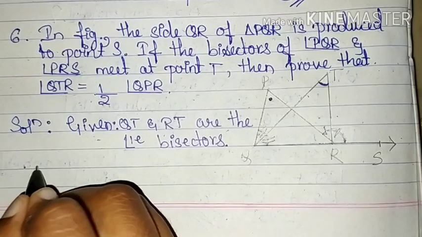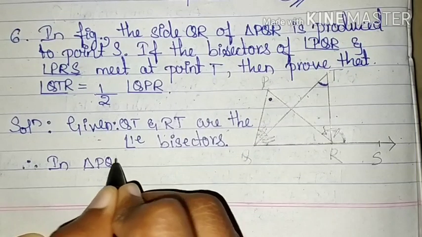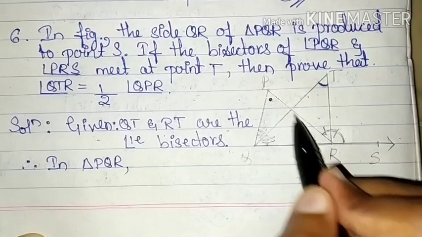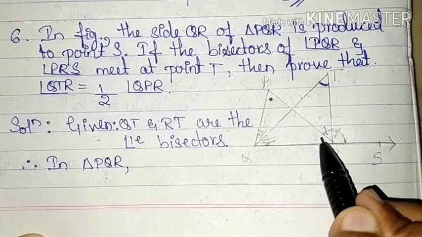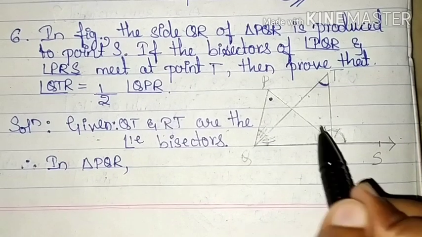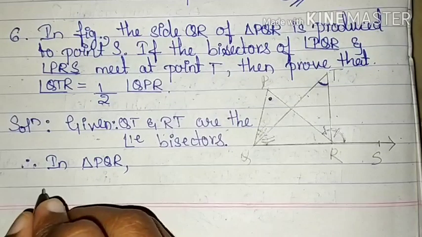So therefore, in triangle PQR, look at the triangle PQR, PRS is the exterior angle for this triangle. So exterior angle is always equal to the sum of interior opposite angles.